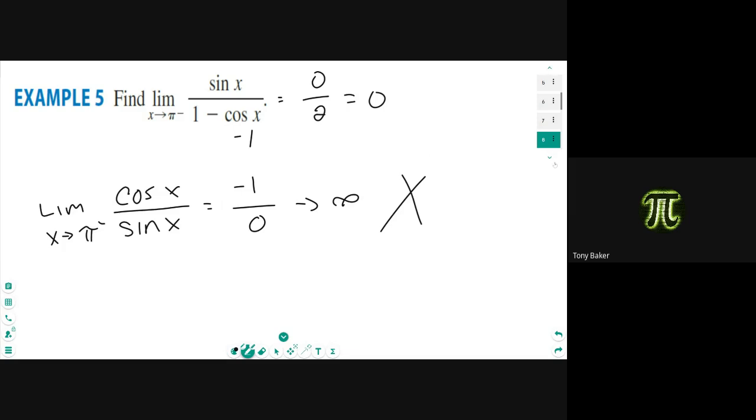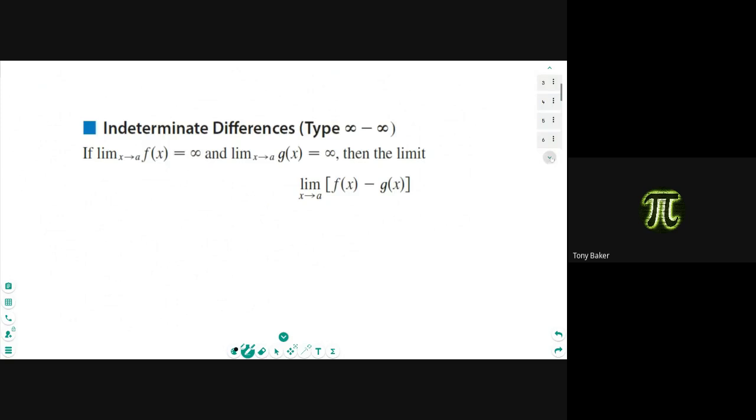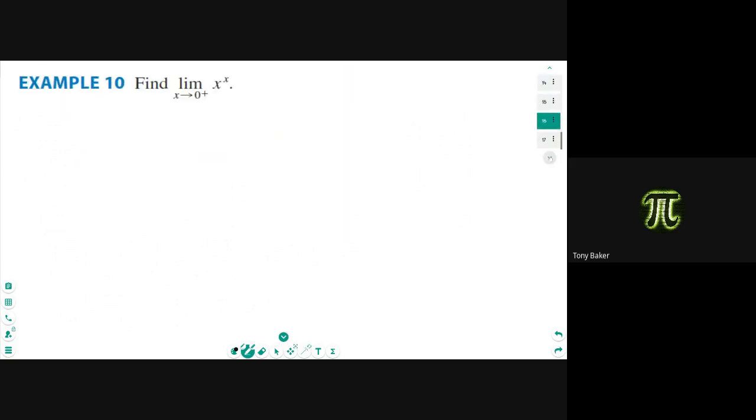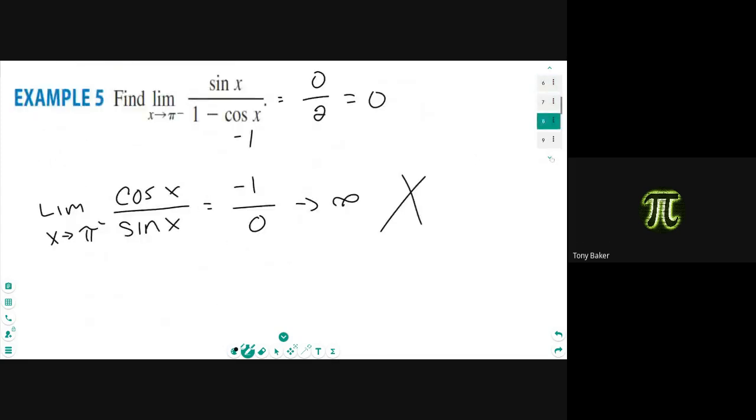So when we're looking at them, so you're indeterminate. I think I deleted them. Hold on. Nope. I didn't put it all on one screen. Hold on. I'm going to get a nice little screenshot of all the indeterminate forms. These are indeterminate forms.